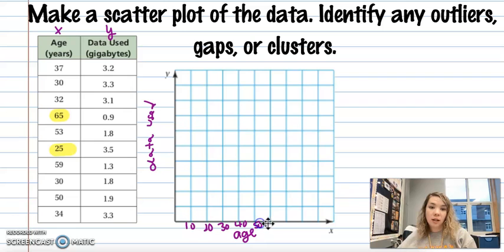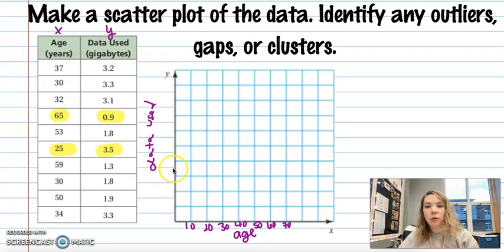So let's say each one of these is 10, and that gives us a nice even spacing. We don't want everything to be tiny in the corner, and we want everything to fit. I have a little bit of extra space, but not a lot. Then if we look at our Y's, my smallest value is 9/10 of a gigabyte, and my largest one is 3.5. So we need 4 maximum, and we want to spread them out.